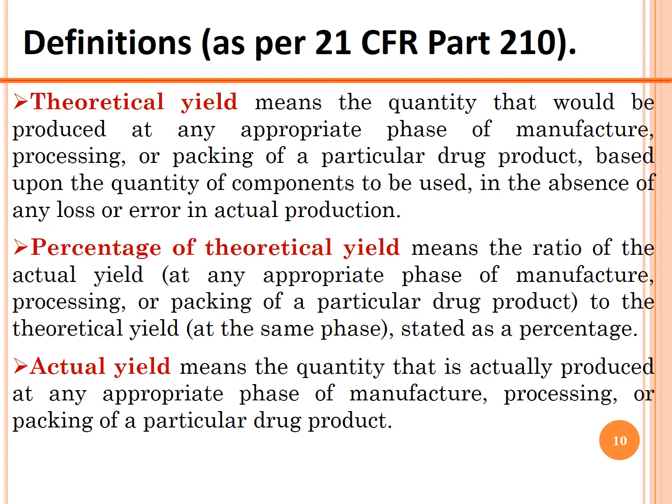Percentage of theoretical yield means the ratio of the actual yield, at any appropriate phase of manufacture, processing, or packing of a particular drug product, to the theoretical yield, at the same phase, stated as a percentage. Actual yield means the quantity that is actually produced at any appropriate phase of manufacture, processing, or packing of a particular drug product.